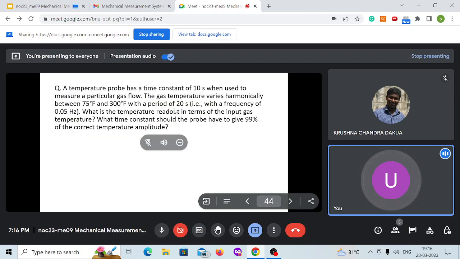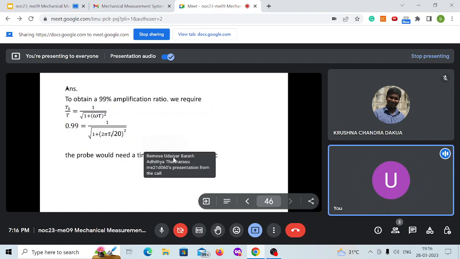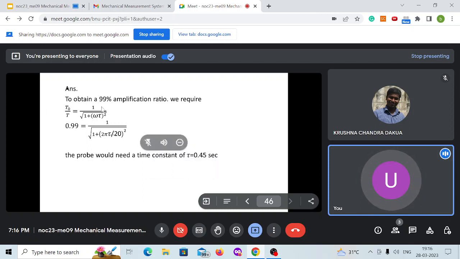So we have found out the temperature and then the time lag for the first question, and now moving on, we have to find out, for a 99% amplification ratio, what the time constant is. We know the amplification ratio, or the output to input magnitude ratio, for a first order system is 1 by root over 1 plus omega tau square.